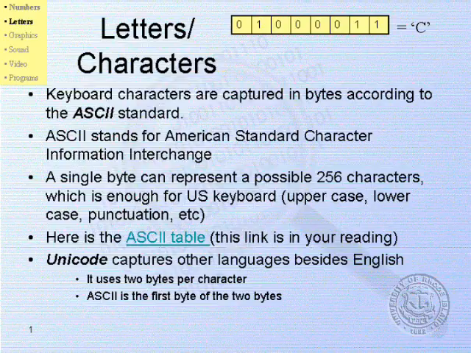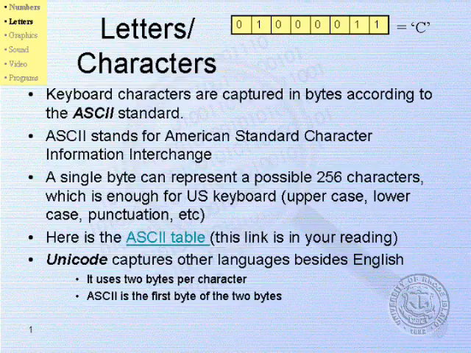The ASCII definition is represented in the ASCII table, which is in the course readings. Here is the ASCII table. We can see here that in the ASCII table, the standard defines the byte that we've been looking at right here as a capital letter C. And you can see the representation for other capital letters. Over here are some lowercase letters and some punctuation.